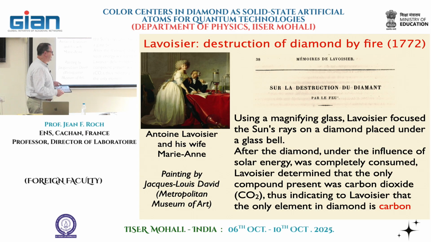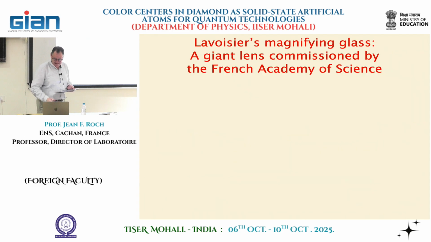And so basically, it was a proof that the only element in diamond was actually carbon, at least to the possibility of that time. And you may ask yourself, what was this magnifying glass, which is not something that you can purchase. Actually, this is the system.